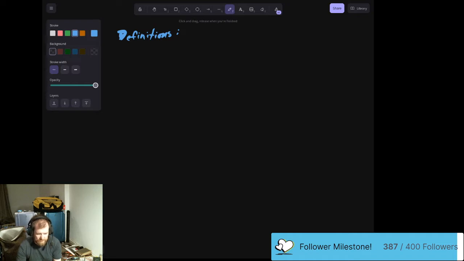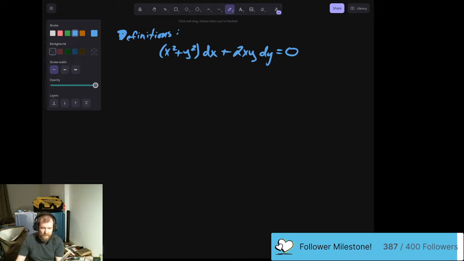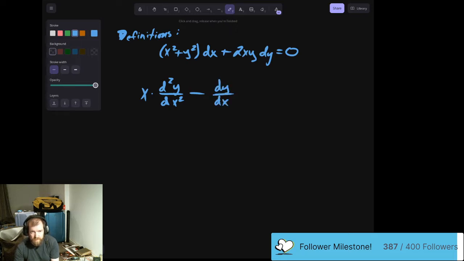So here we've got something that looks like x squared plus y squared dx plus 2xy dy is equal to 0. Or something like the second derivative of y with respect to x, times x, minus the first derivative of y with respect to x, is equal to 2.